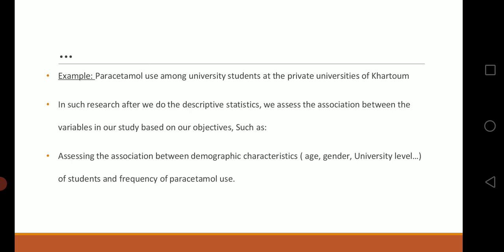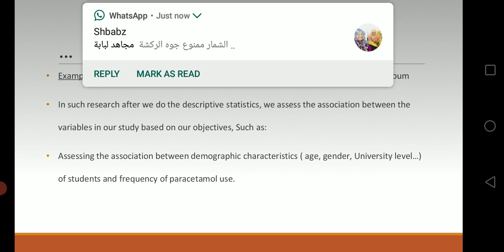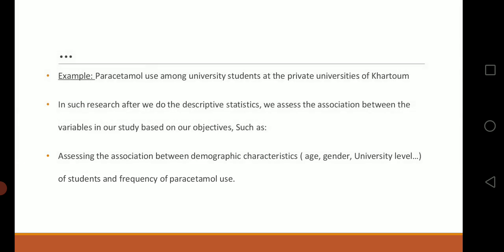Association between, for example, in this study, we can study the association between demographic characteristics, which are the age, gender, the university level, these are the characteristics of the university students, and the frequency of paracetamol use.